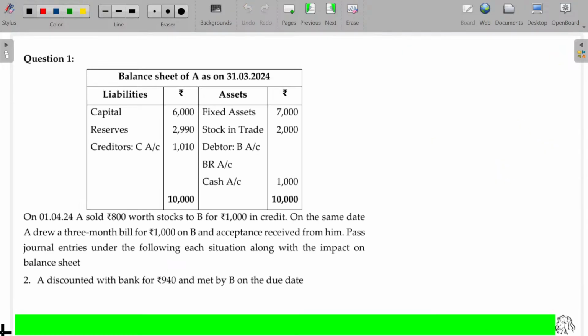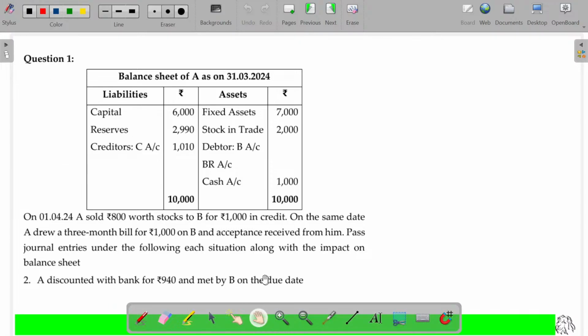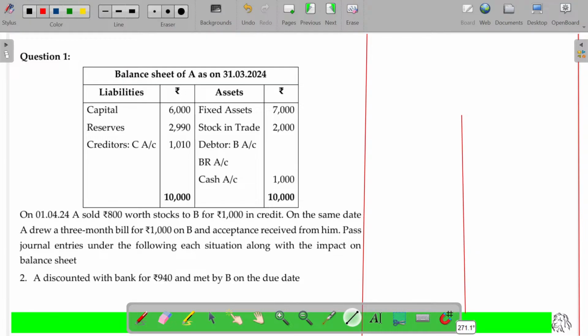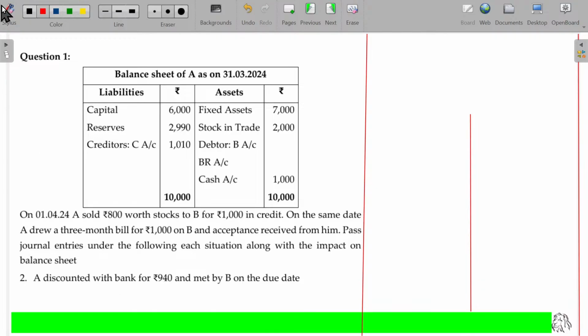In the second question, everything is the same but discounted with the bank. Come on, pass the journal entry. The first few journal entries are the same. What happens here?